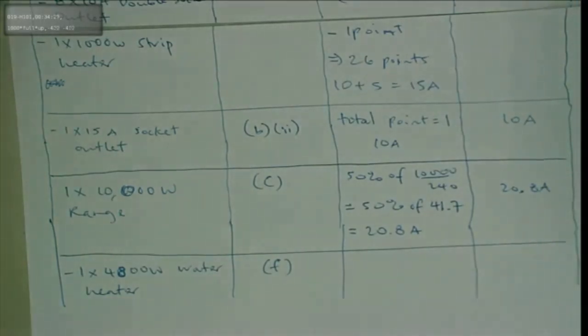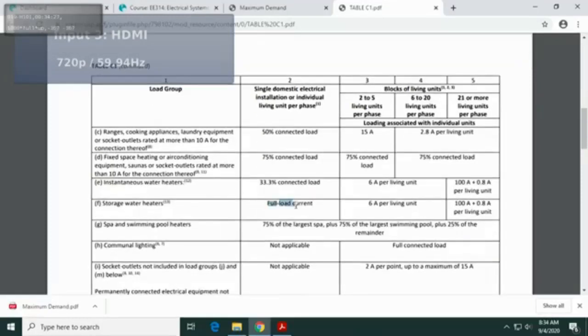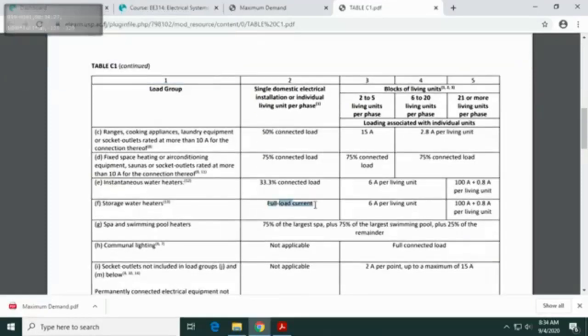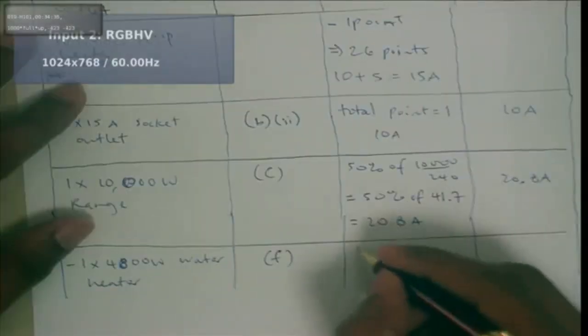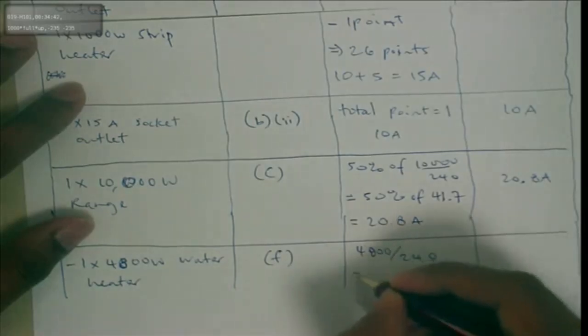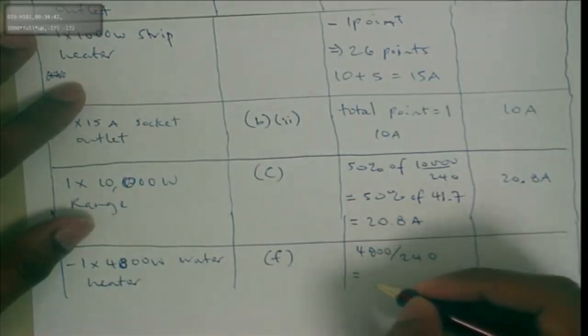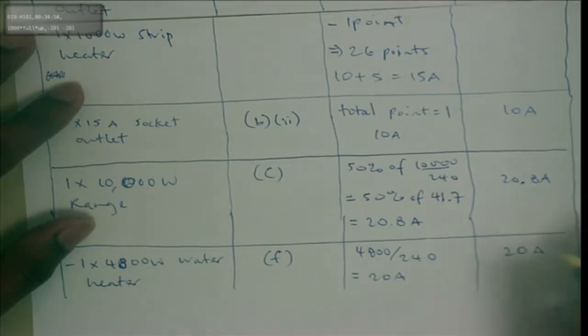Okay, let's look at group F. Full load current. So we calculate the current, and whatever current we get, we add it to the phase. So that is 4800 divided by 240, and this came to 20 amps, right? So we just add it to our column for single phase, 20 amps.